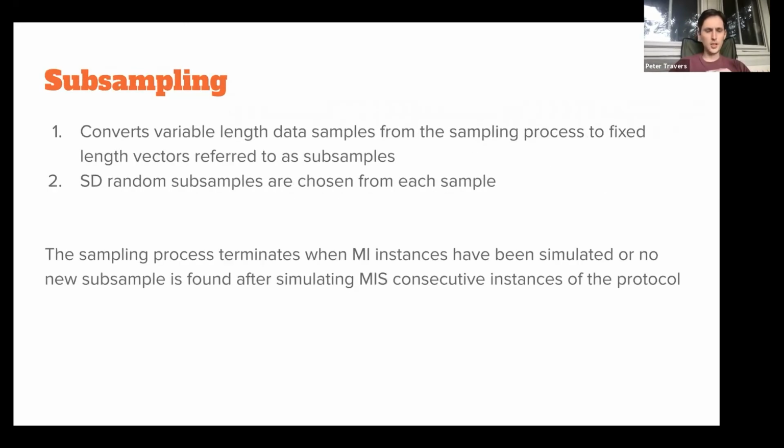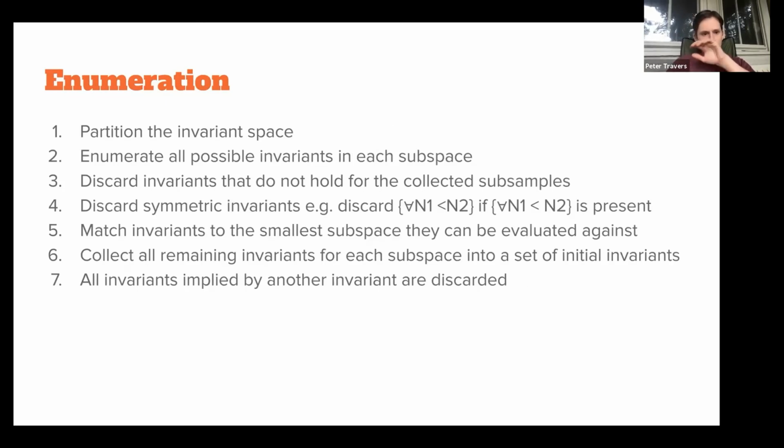So by collecting these samples, we're able to discard some of the invariants because they just won't fit. We discard any symmetric invariants. If the operator is symmetric and we can flip them to either side, we only need one of those essentially.